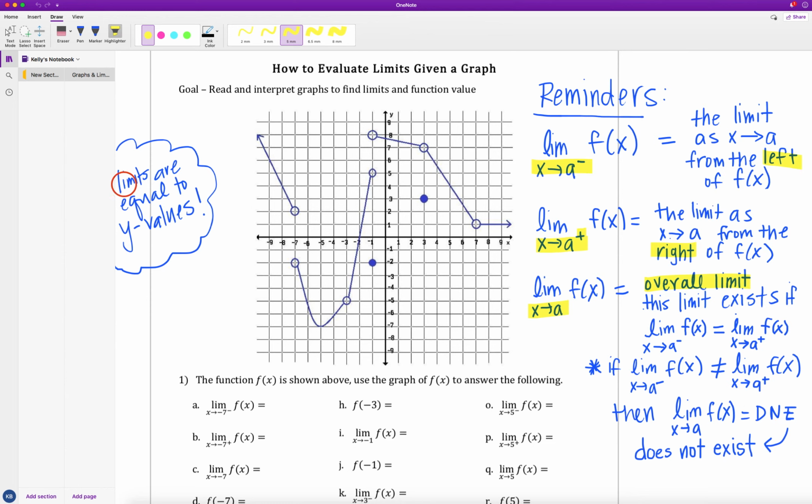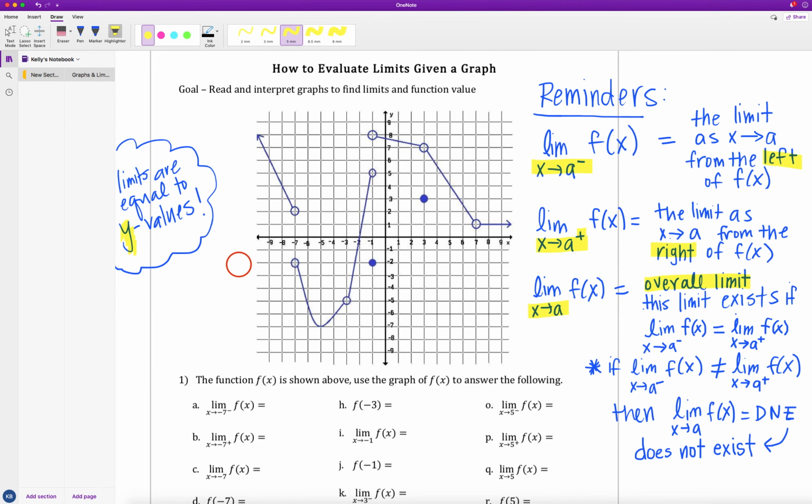The other thing I want to draw your attention to is that limits are equal to the y values. So when we're evaluating a limit, it's like what would happen if you were to evaluate a function. You're having a limit value as x approaches a number of some function f of x. Well, for that to be equal to something, it's going to have to equal the y value, since f of x is representing our y value here on our y-axis.